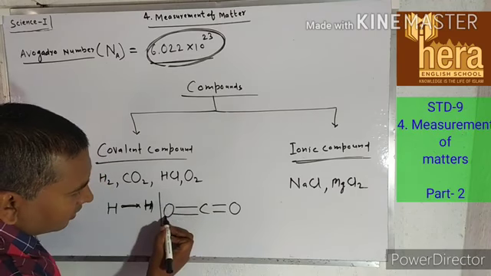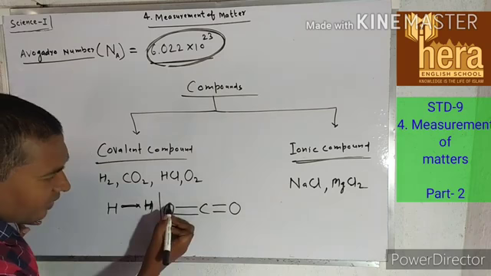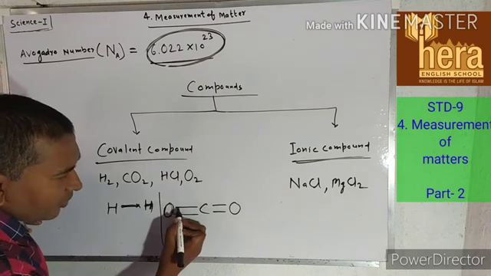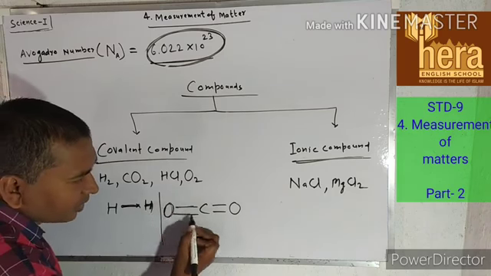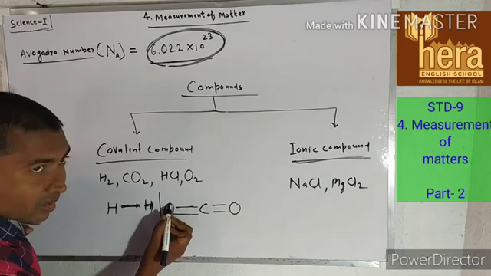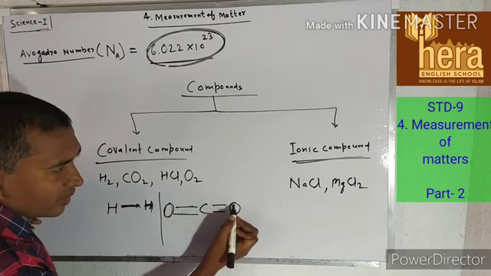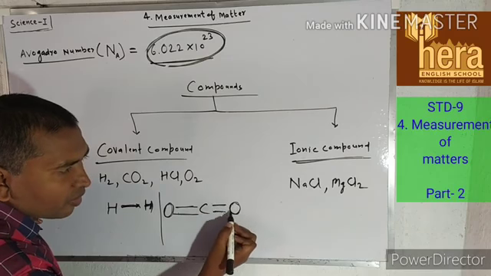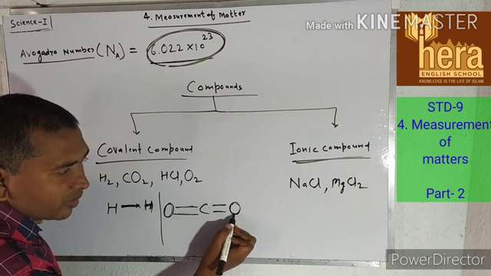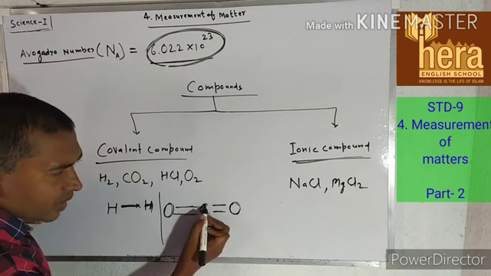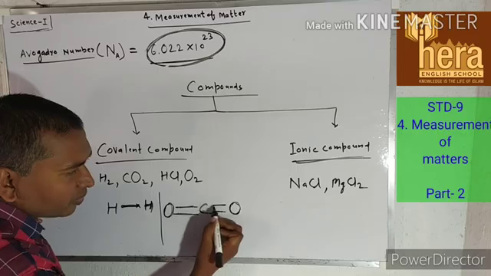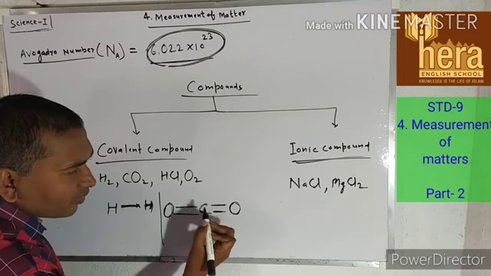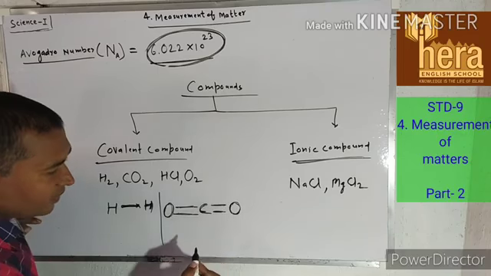Therefore the valency of oxygen will be 2, since there are two chemical bonds for each oxygen atom. But here there are 4 bonds, 1, 2, 3, 4. So the valency of the carbon atom will be 4.